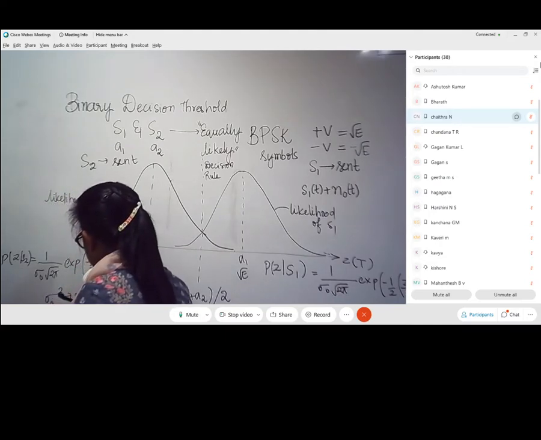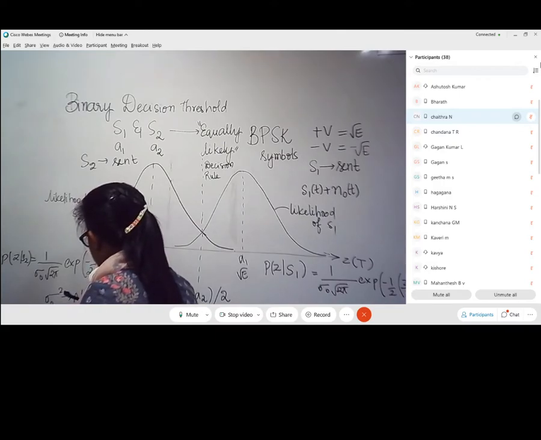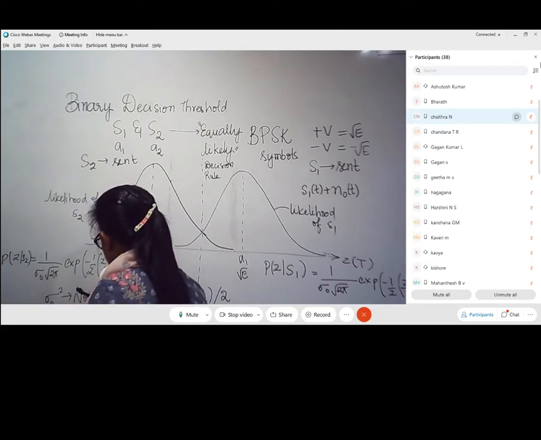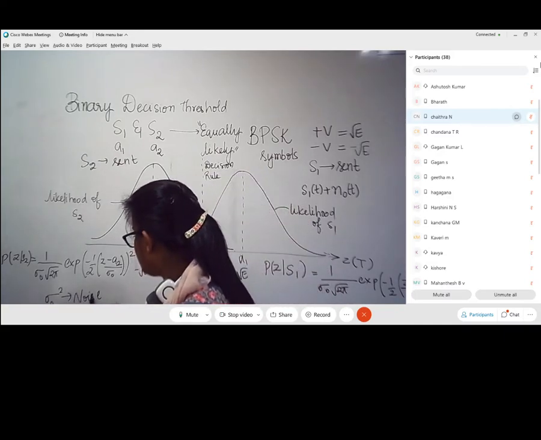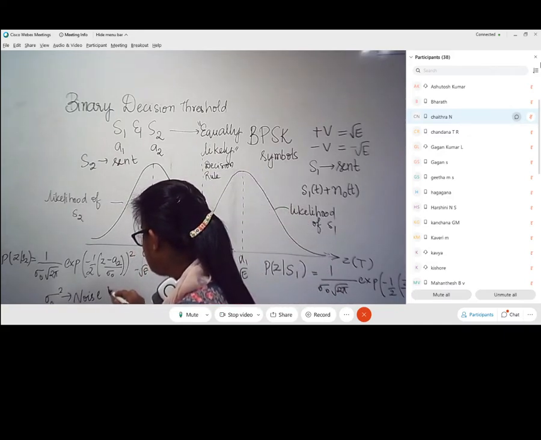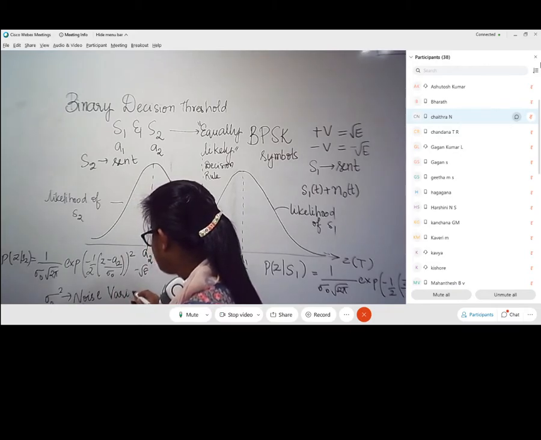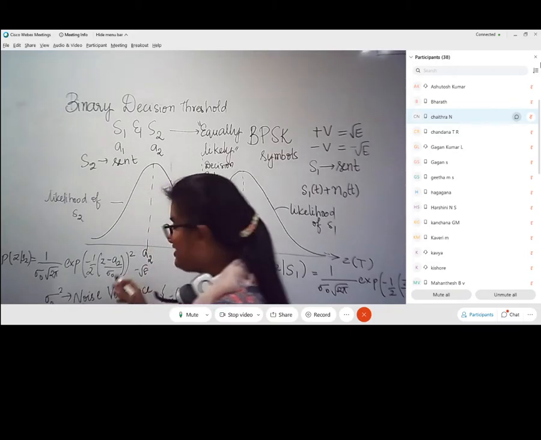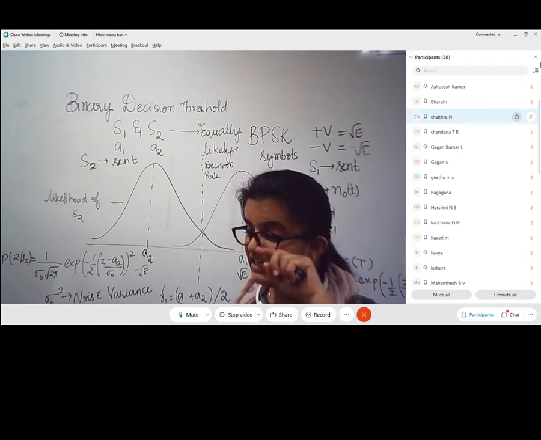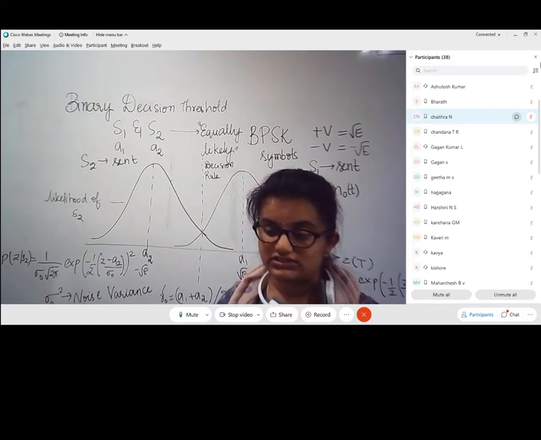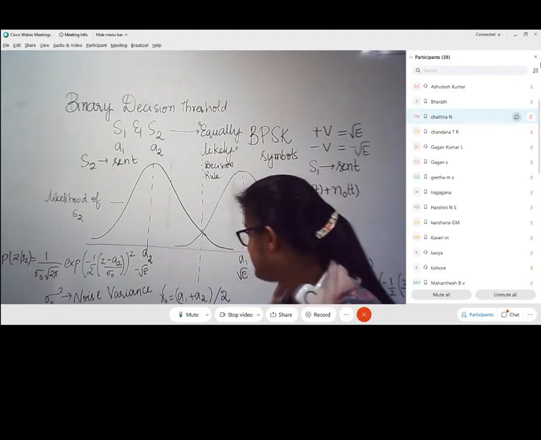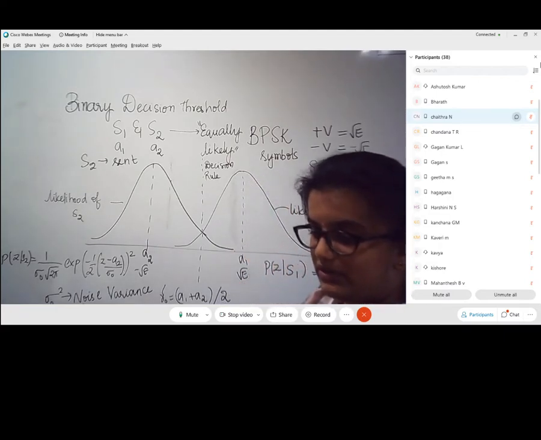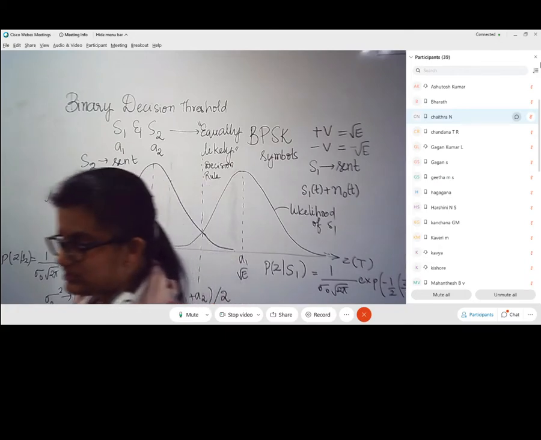Please remember this. This is the variance of the noise. It is not the variance of the signal. The variance comes from the channel noise or the AWGN noise. So this is the noise variance. A1 and A2 are the means of the likelihood functions P of Z given S1 and P of Z given S2 respectively. So this much you need to remember regarding the binary decision threshold.